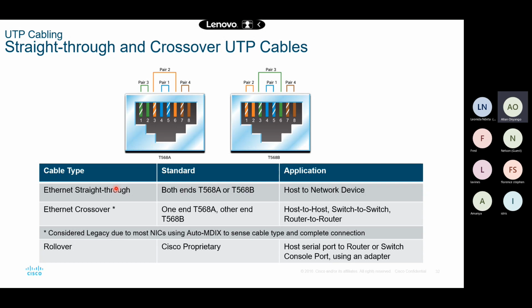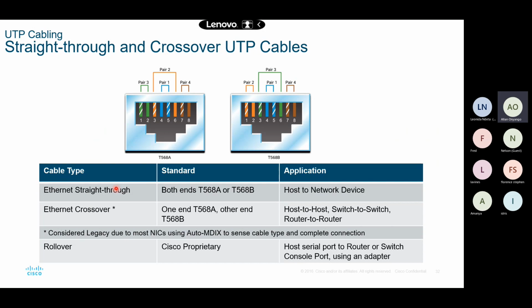Then for copper crossover, one end must be arranged in T568A, and the other end must be B, okay? The ends must be opposite each other. They cannot be the same. That is the copper crossover cable. And because the ends are different, it is used for connecting the same devices: PC to PC, switch to switch, router to router, okay?